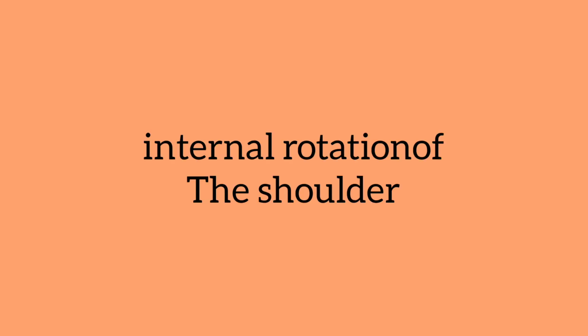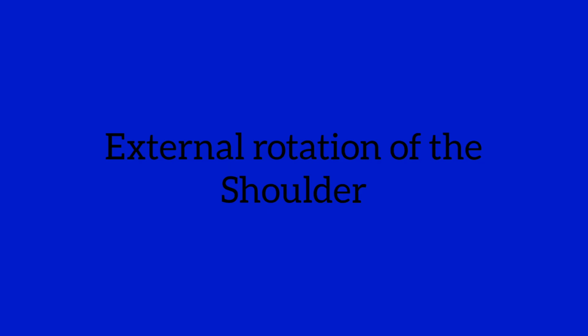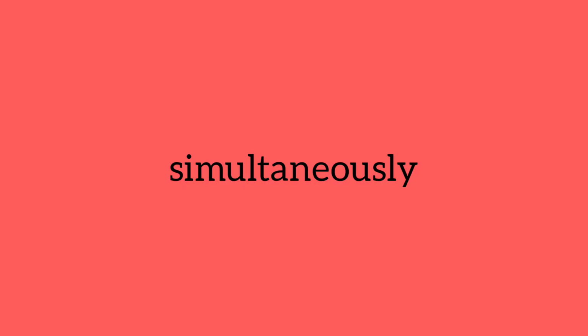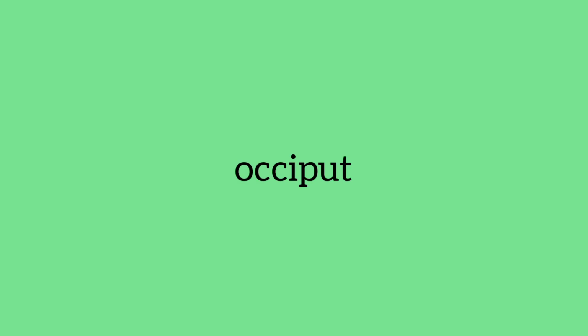What is internal rotation of the shoulders? The anterior shoulder reaches the pelvic floor first in the left oblique diameter. Next, coming to the external rotation of the shoulders. It takes place simultaneously with internal rotation of the shoulders and the occiput of the fetal head.